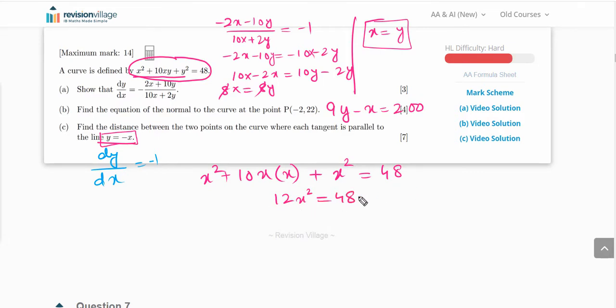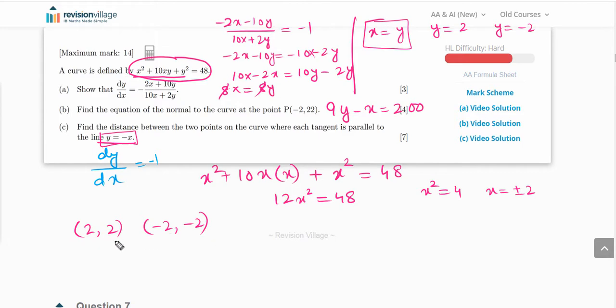Now I'll divide both sides by 12 so that I'll get x square equals 4. So my x will become equal to plus minus 2. So I'll put plus 2 over here. So one value of y will be equal to 2. The other value of y will be equal to -2. So I'll have 2 points. The first point is (2, 2), and the other point is (-2, -2).